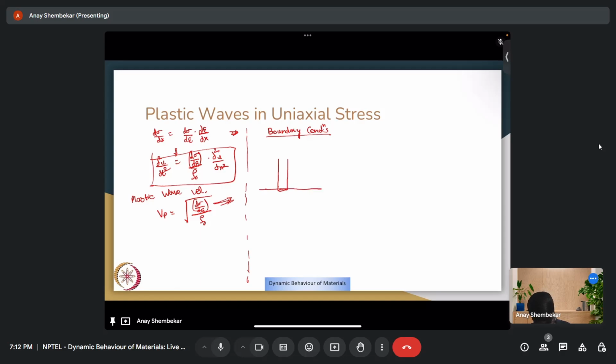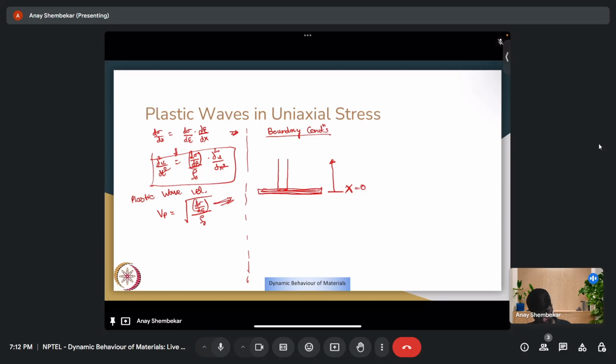This is the rigid plate. This is capital X. Here, what we'll see is x equal to 0.